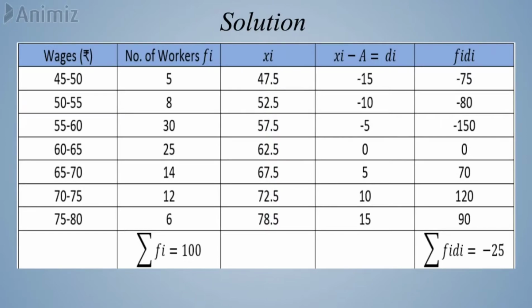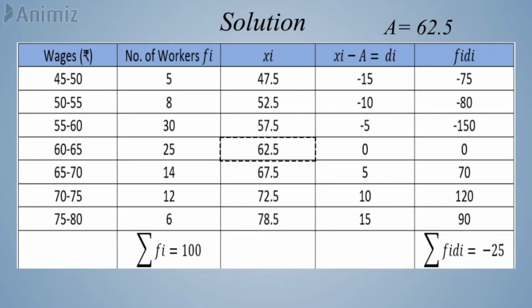In the same way, 50 plus 55 divided by 2 will give you 52.5. Like that you have to calculate the class mark of all the wages. After that, any one value among these you have to consider as an assumed mean. Here I have considered the assumed mean as 62.5. So my capital A, that is the assumed mean, is 62.5.